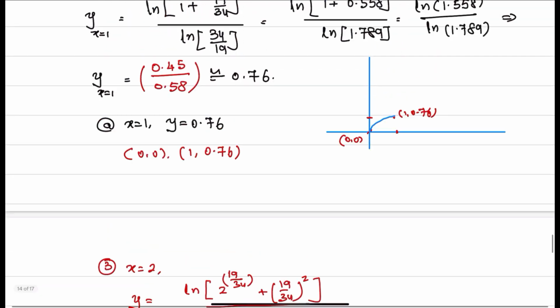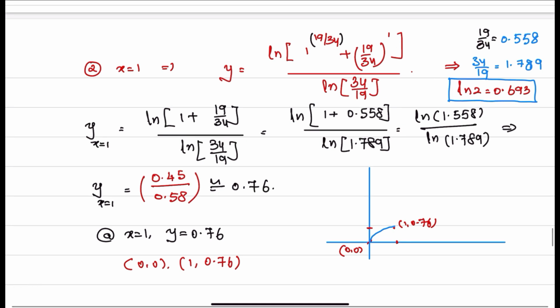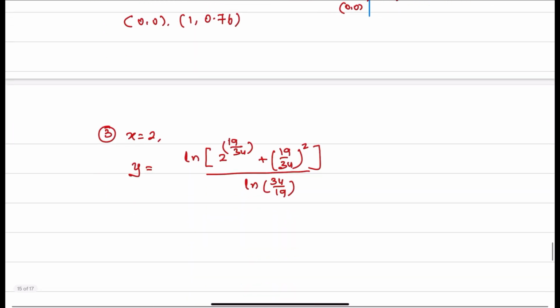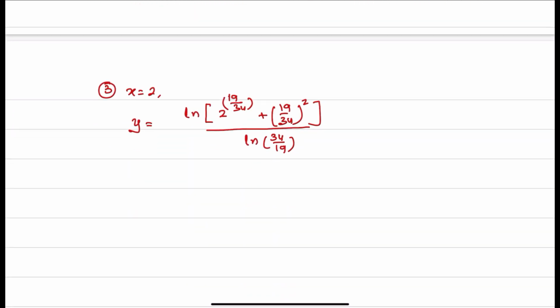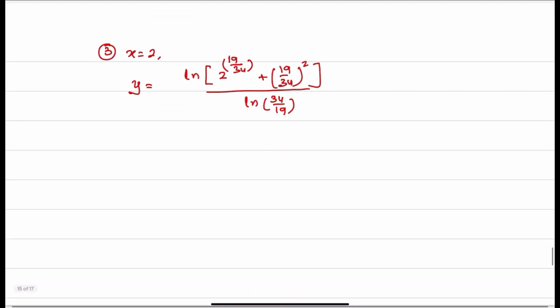What is ln 34 by 19? What we have taken, approximately 0.58. So directly from the previous example itself, we can put this as 0.58. That is a constant denominator.